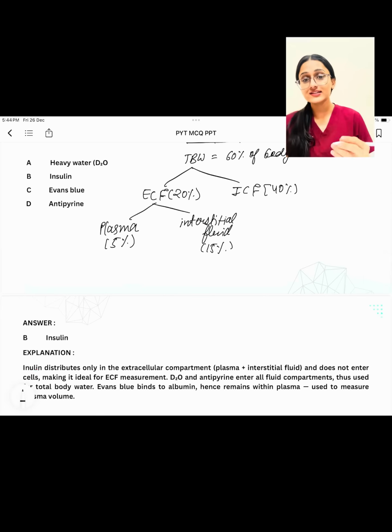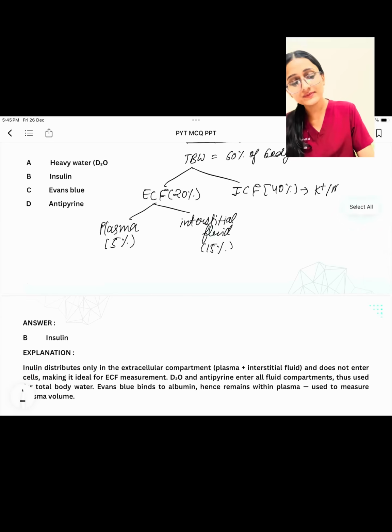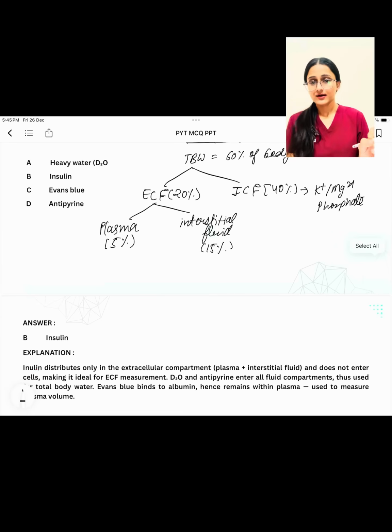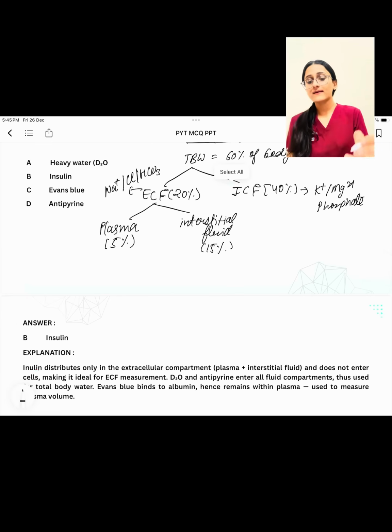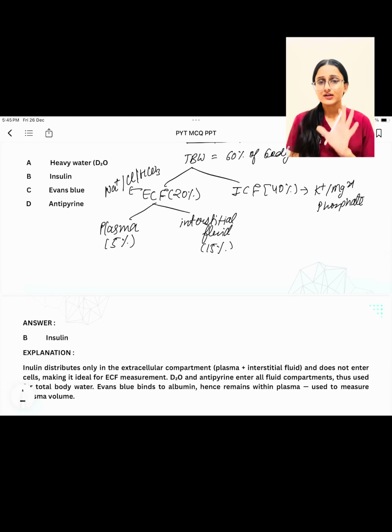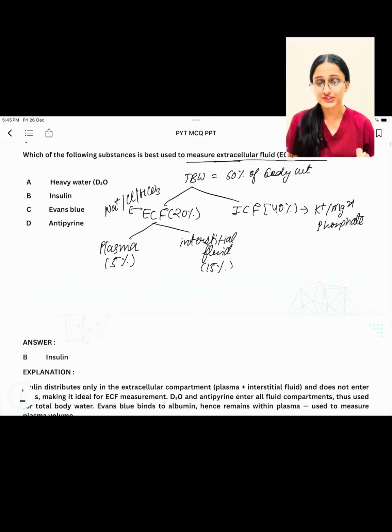And in ICF, what are the major ions? The major ions in ICF are potassium, magnesium and phosphate. Mostly these ions are present. And in ECF we have sodium, chloride and bicarbonate. So these are basic physiology things we should know before doing this question.